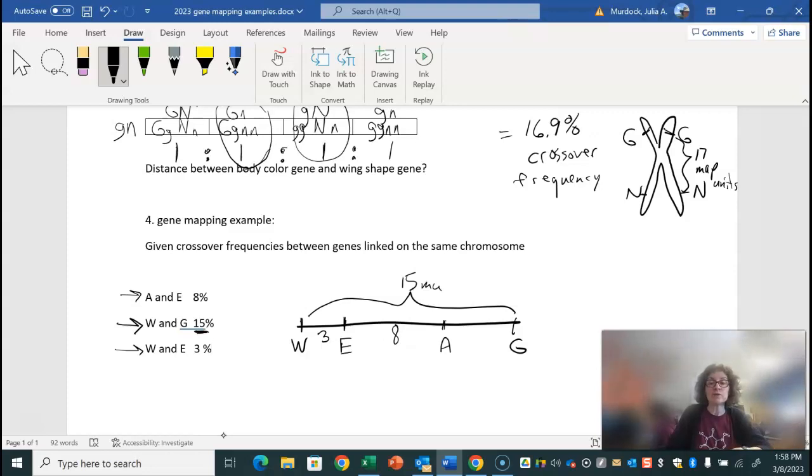You also could put A on the other side of E. You could put it over here since it doesn't tell you how far A is from G, right? So you could lengthen this and go A and E, and then this would be a 5. So this is an example of a mapping where you could get away with 2 right answers.